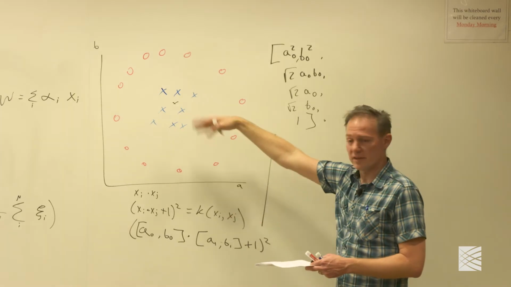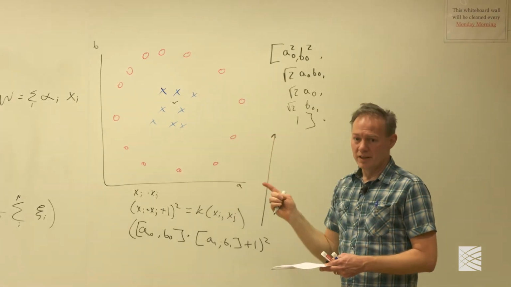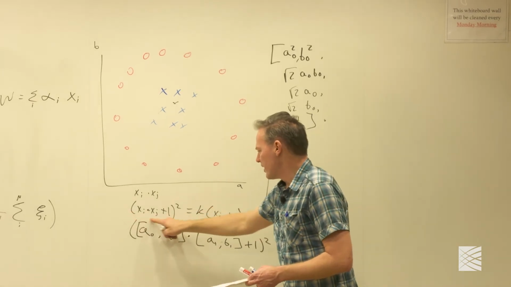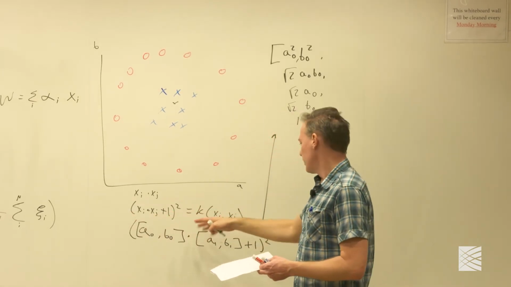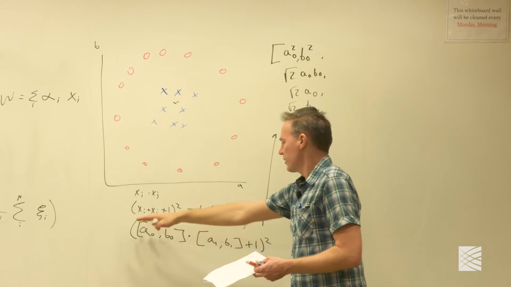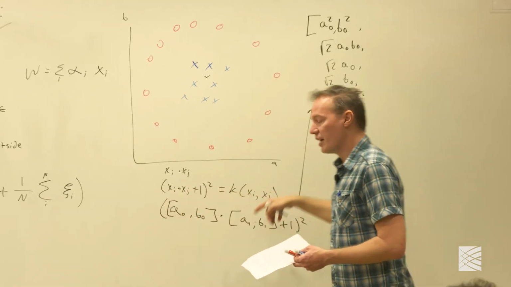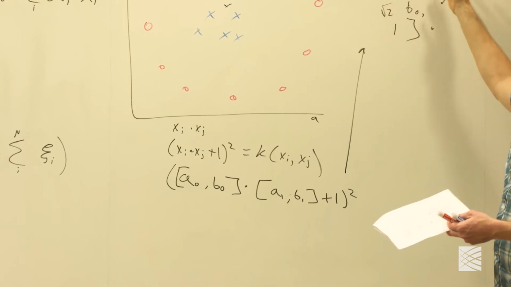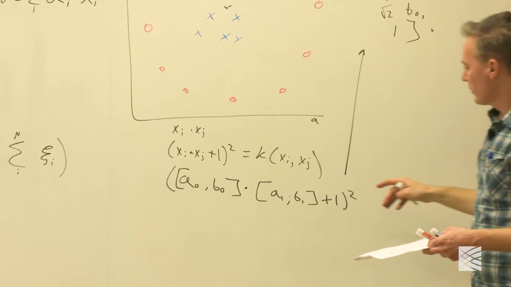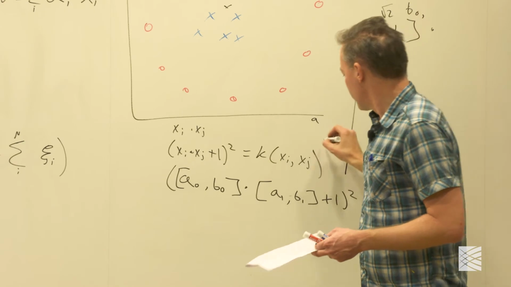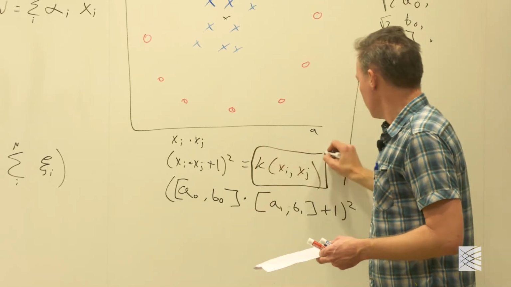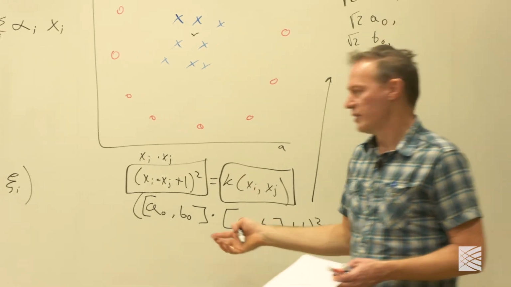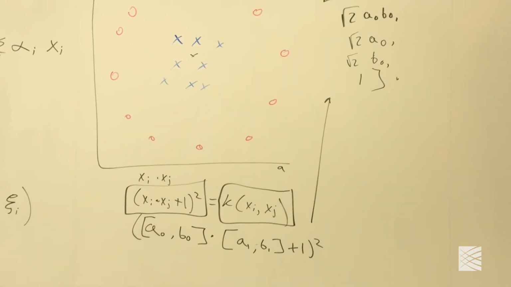I could do that explicitly for this problem. But I did this just by taking the dot product and adding 1 and calling that something else. By expanding it out, I just showed that it's the same as a dot product in some space, this 6D space in this case. So why don't I just take this function, which I defined here, call it a dot product, and put it in my algorithm over here?